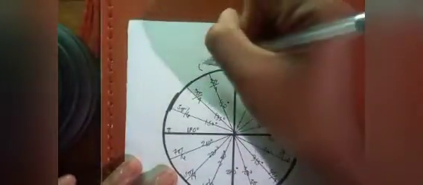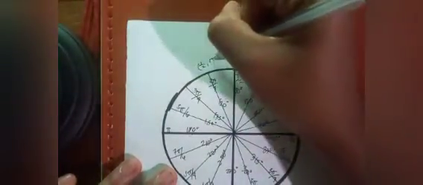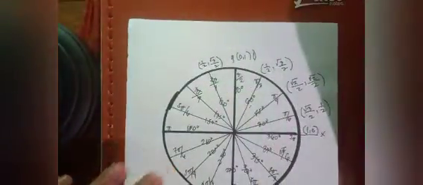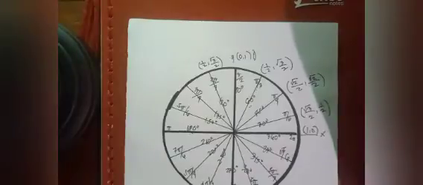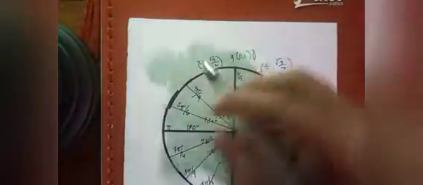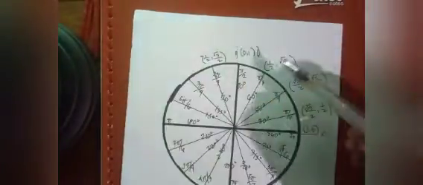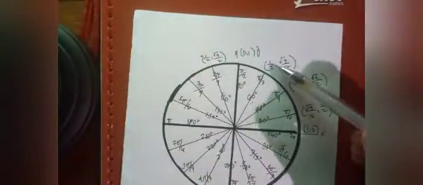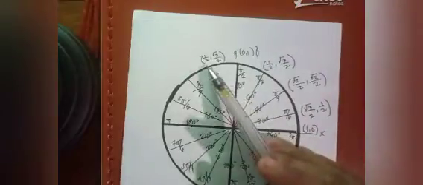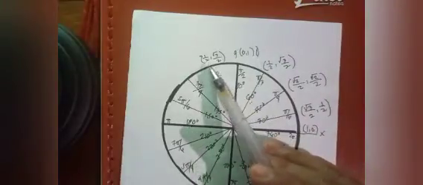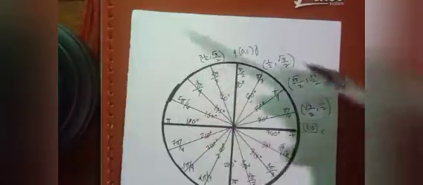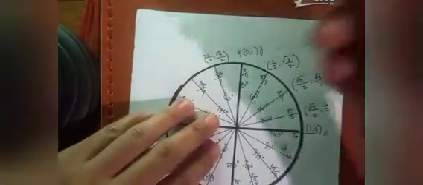So we have 1 over 2, square root of 3 over 2. So as I've said, you are going to put a negative in your x. So this is our x. So it is negative 1 over 2. So as you can see, in quadrant 1 it is positive. But in quadrant 2, you're just going to put a negative because our x here is negative.